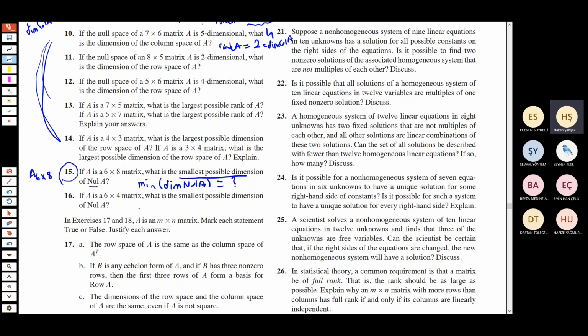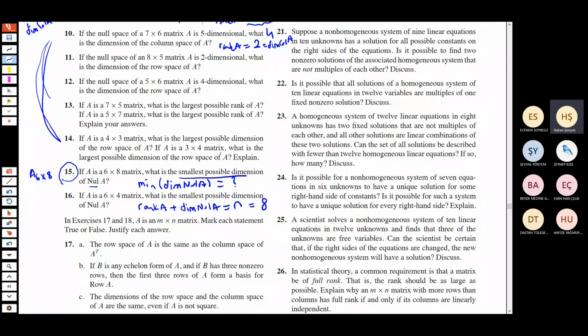Did you find the answer? Rank A plus the dimension of null A is equal to n. What is n? N is 8.